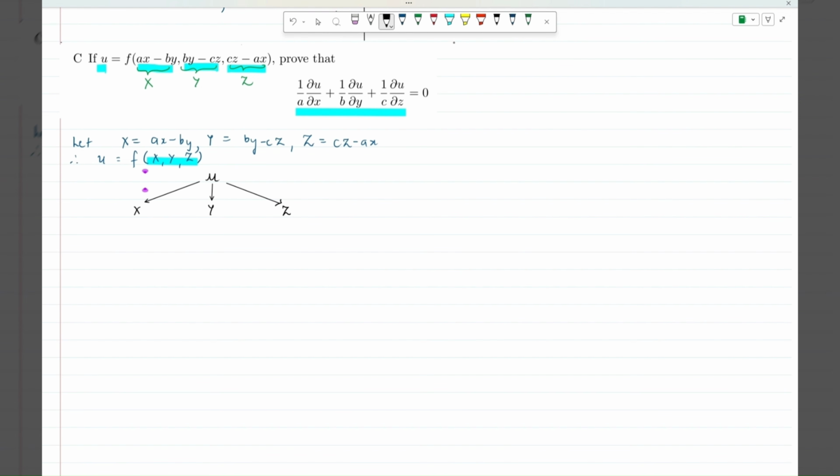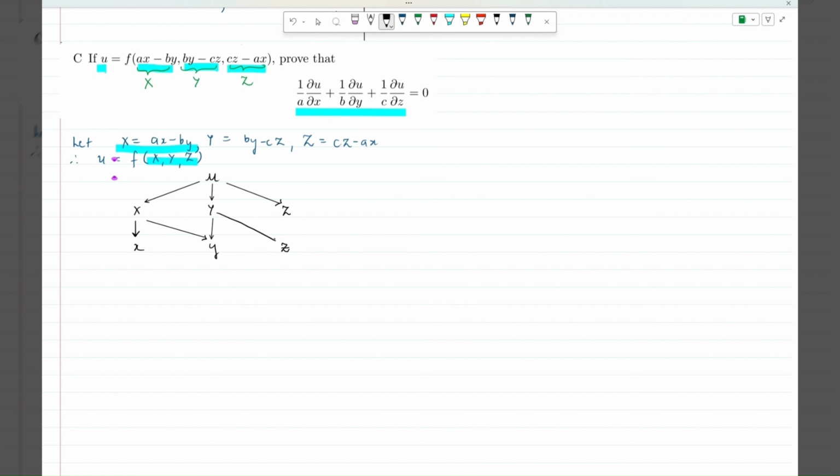Now, capital X depends on the variables small x and small y. So we write x and y at the third level, and again drop arrows from capital X indicating its dependency on these two variables. Likewise, capital Y depends on the variables small y and small z. We already have small y over here, so let us also introduce small z.